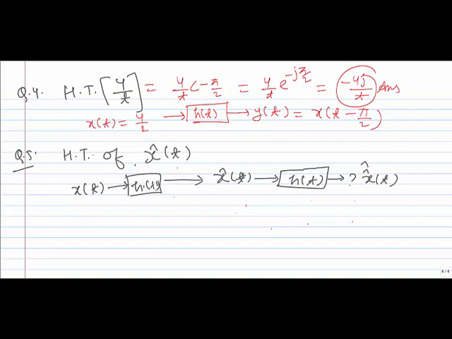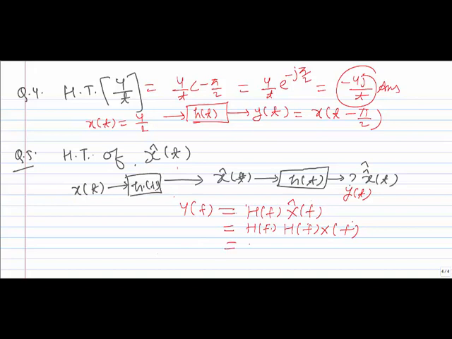Now we know this, if this is y(t), so we know Y(f) will be equal to H(f) multiplied by the frequency response of this, let's name it X tilde(f), right? Now this X tilde(f) we know is the multiplication of this and this, so it will be H(f) multiplied by H(f) into X(f), right?